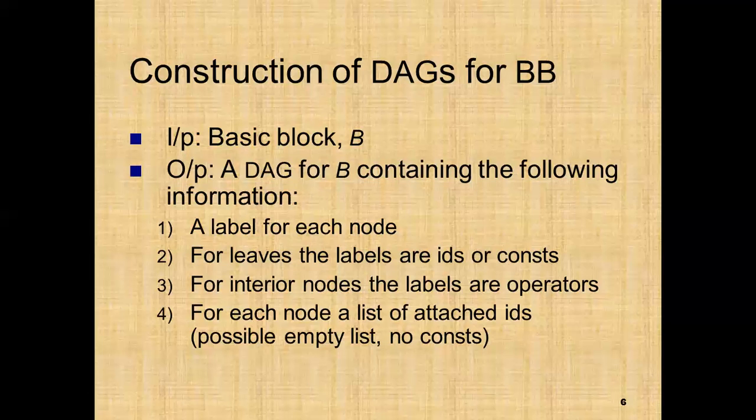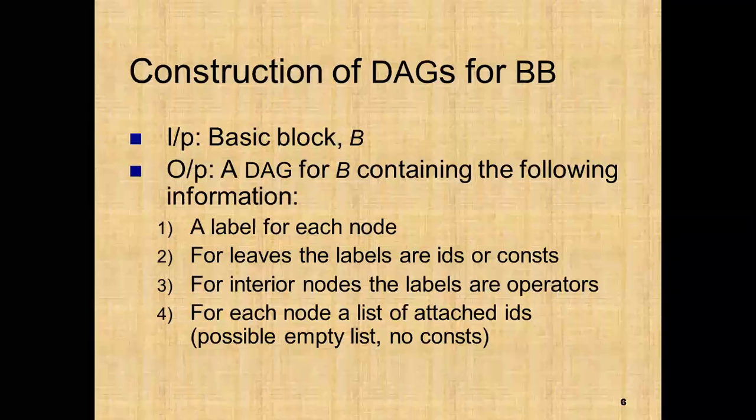Now you can do the nomenclature and assign different names to the leaves, and names are of identifiers or constants. Now come to the third point. For interior nodes, the labels are operators. So we will write different operators for interior nodes. You have already seen.